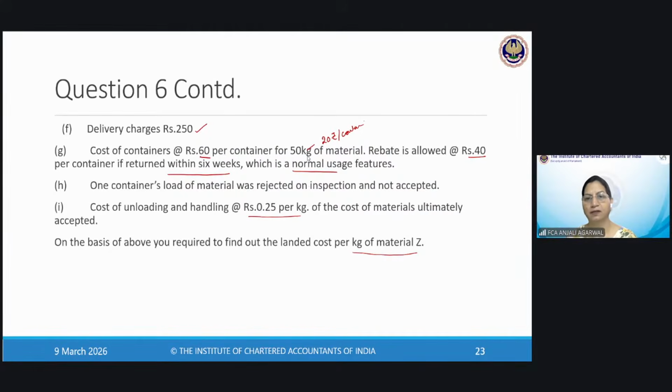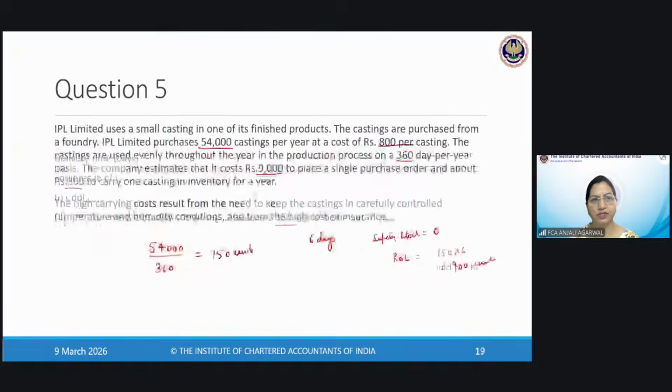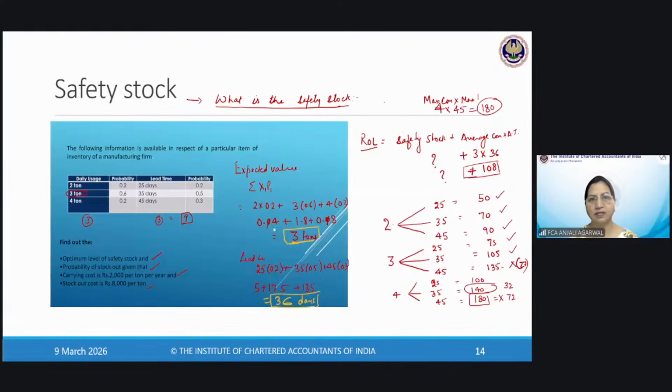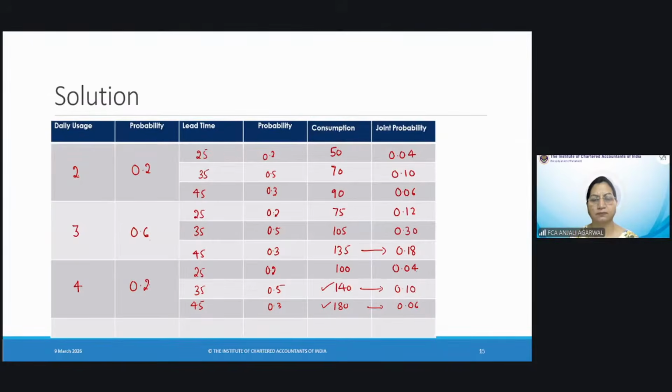right? So I hope everything is clear. If you want to take some screenshots of particular slides, you can take that. Like, please take the screenshot of this slide. I will share it, but you will not get the answer typed material. So you will only get the question.